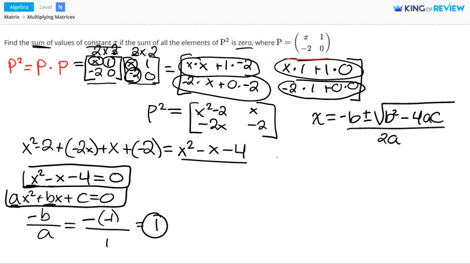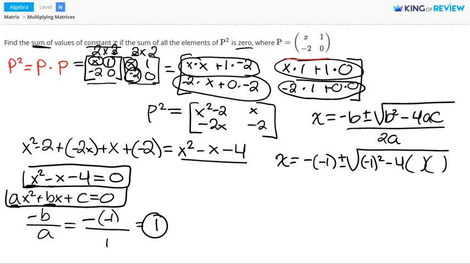So let's go ahead and insert our specific values for a, b, and c into the equation. We get x equals minus our b value, which is negative 1, plus or minus the square root of negative 1 squared minus 4 times a times c. Our a value is 1, and our c value is the constant here, which is negative 4. And this is all over 2 times a, and our a value is 1.